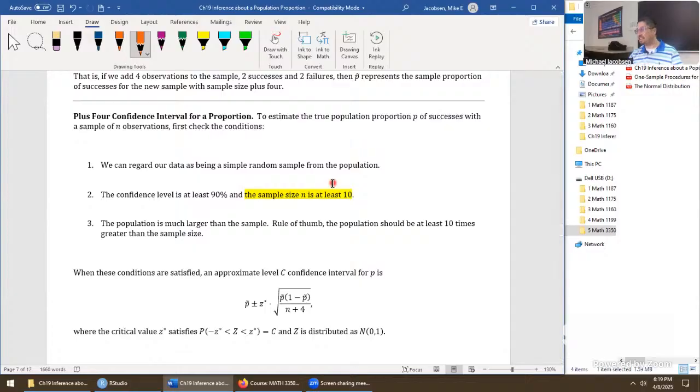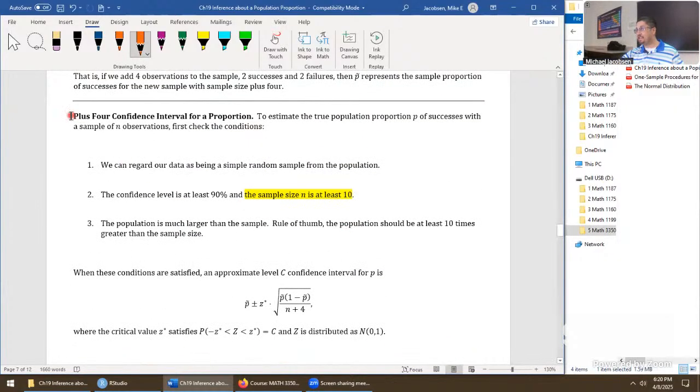Oh, gotcha, yeah. Honestly, this is what's tough about chapter 19 and chapter 20 is these counts for having a sample size large enough are very troubling or confusing because the large sample confidence interval has one benchmark we have to meet. +4 is one benchmark on just the total sample size. And the hypothesis test is different as well. That one's on expected successes and failures, both have to exceed 10.